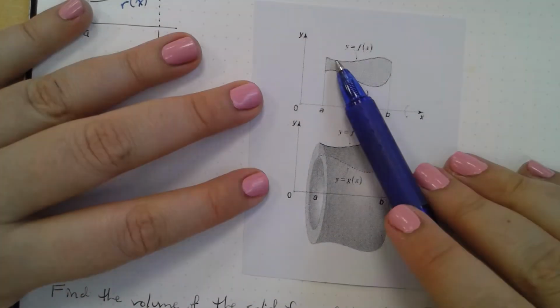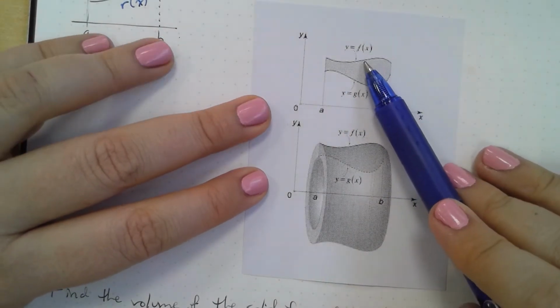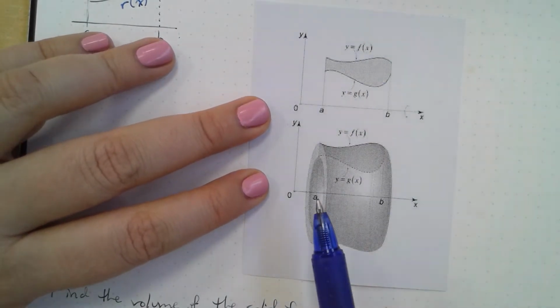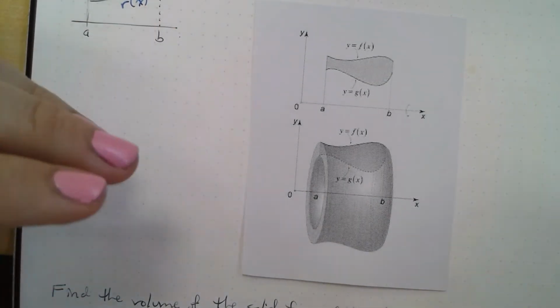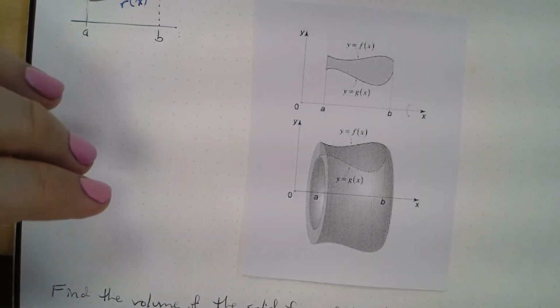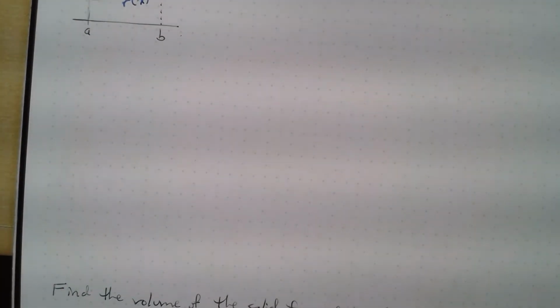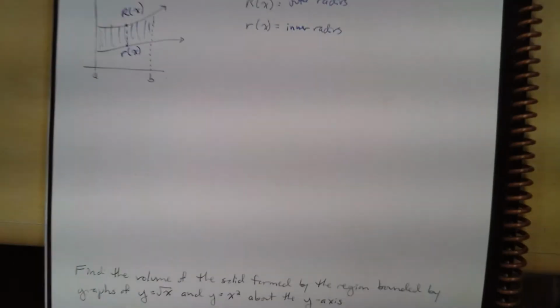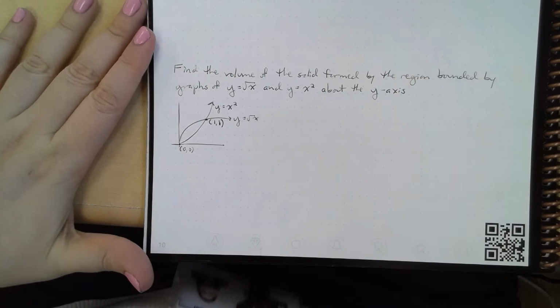You've got f of x here and g of x here, and if I rotate this around, you get a shape like this, and there's a hole in there, a gap in between. We can find the volume of these solids the same way we did using the disk method, but with a little bit extra work.